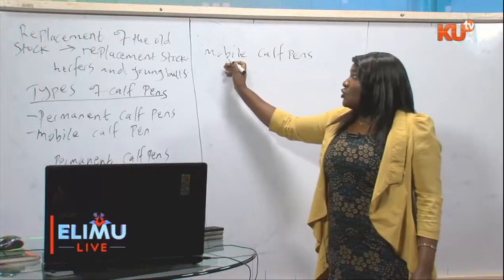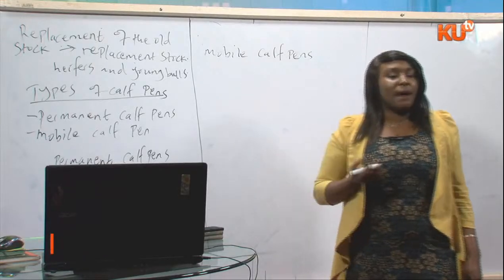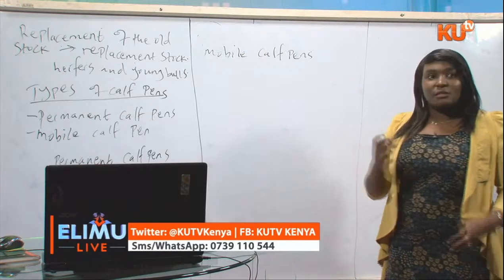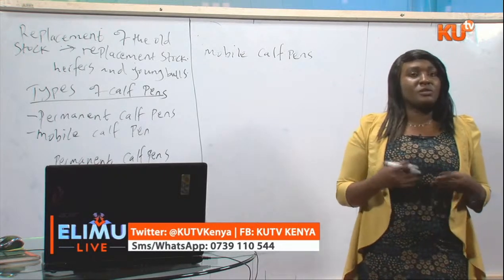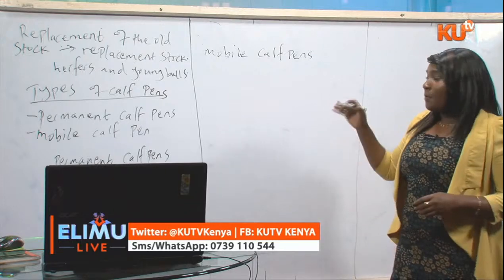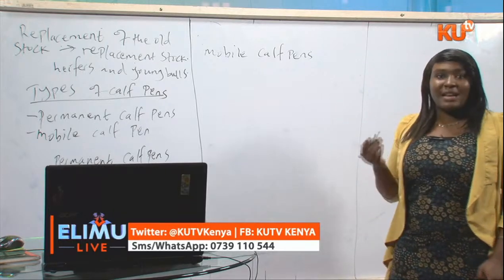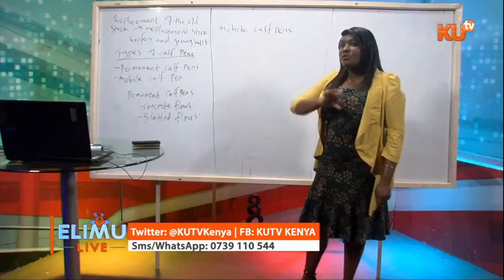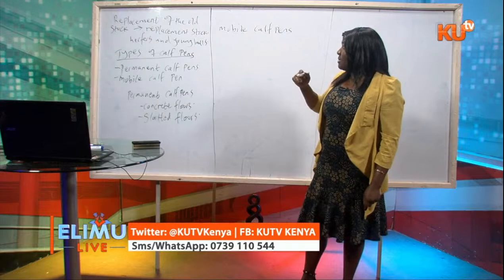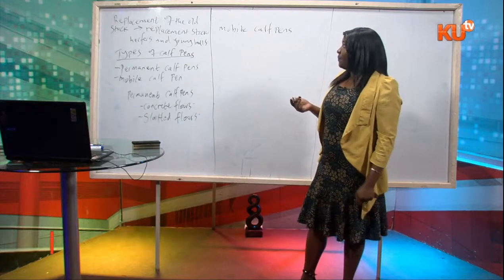These calf pens have an advantage: because you move them almost every other day, there is no buildup of parasites and diseases. Parasites like the ticks, you move them, you leave the pests where they had spent the previous day.